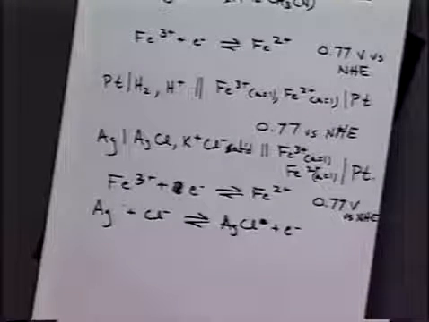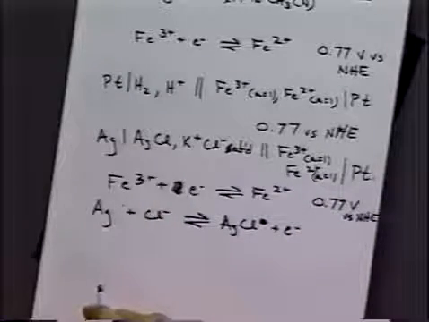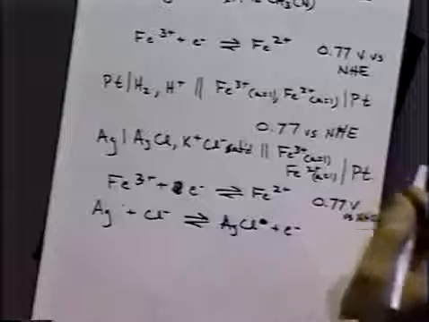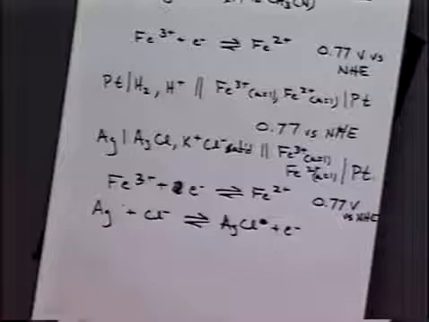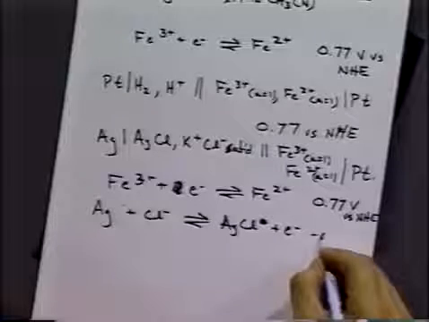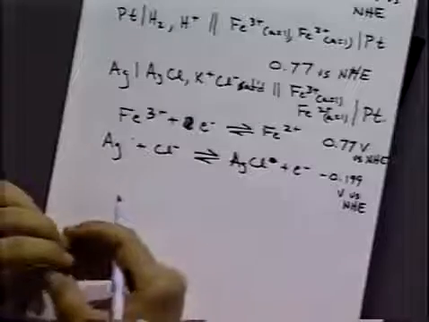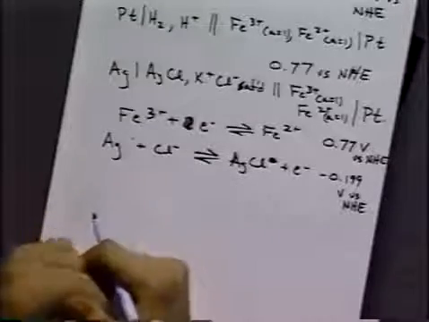And if we remember what I wrote, for a saturated one it would be 0.199 volts versus NHE, but since we've written it as an oxidation, we will have minus 0.199 volts versus NHE. The 0.199 volts versus NHE is written as a reduction as normal.